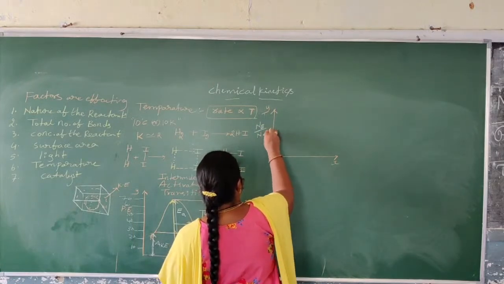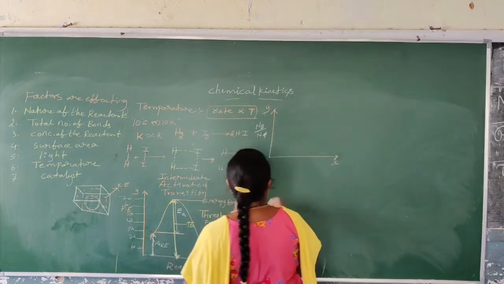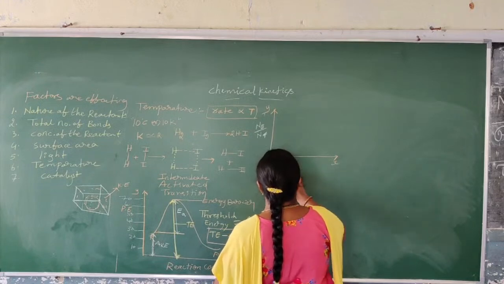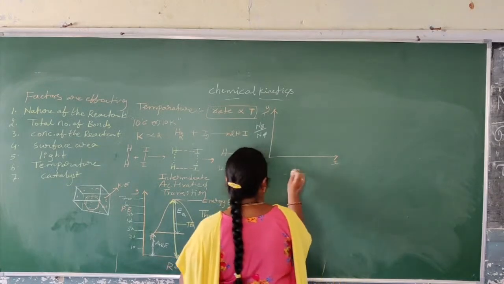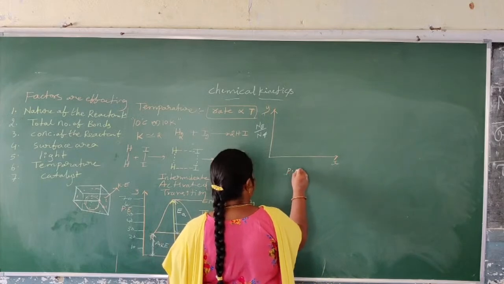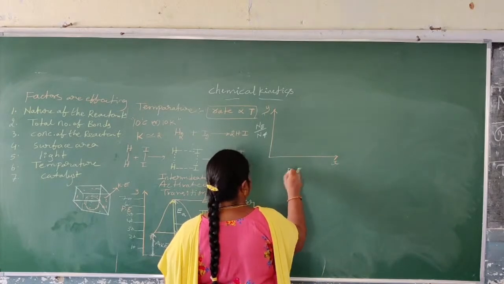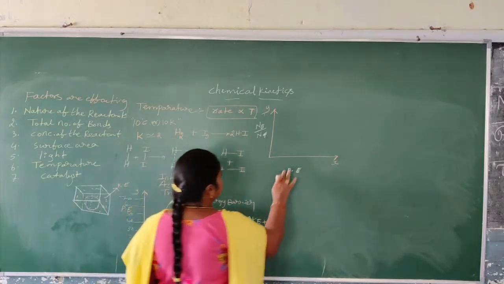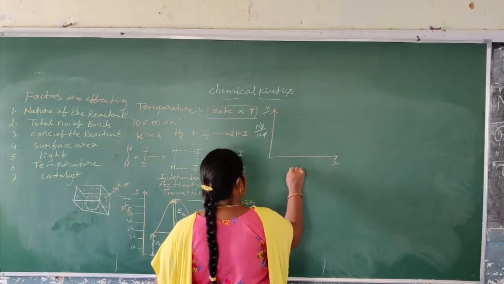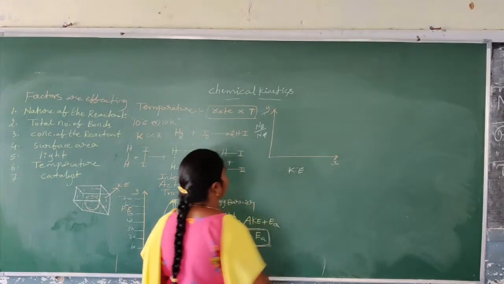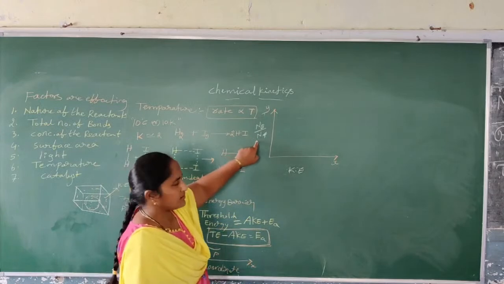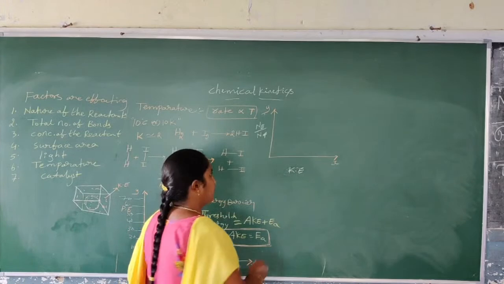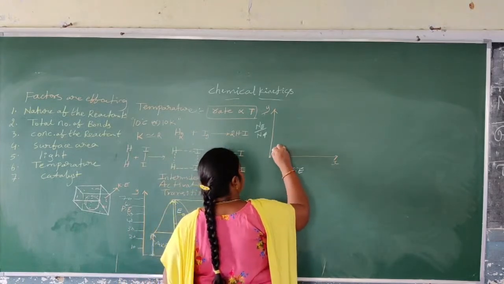Ne by Nt is called the fraction of molecules, versus kinetic energy. On the y-axis, fraction of molecules. On the x-axis, kinetic energy. We are getting a graph like this.